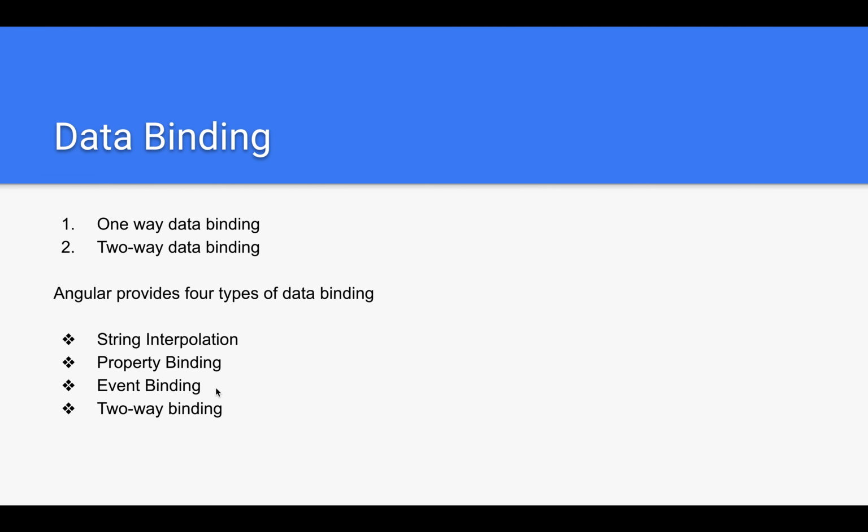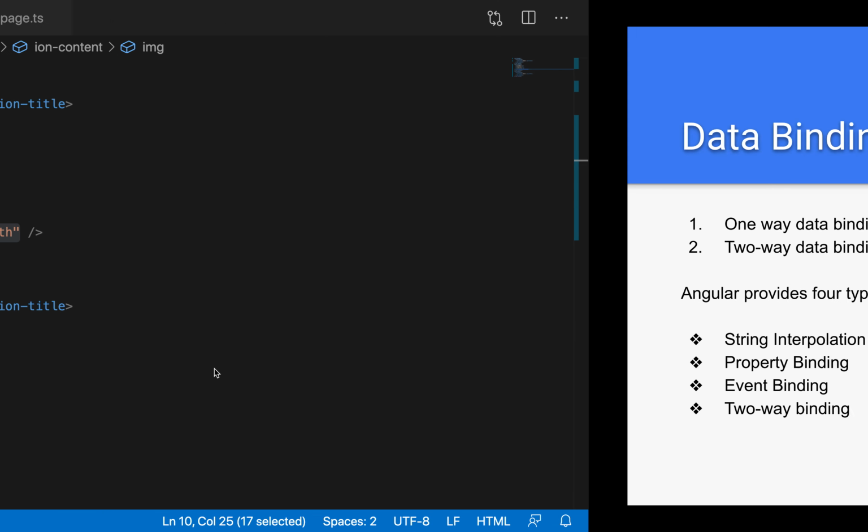And the third one is event binding. Event binding is basically used to handle the events raised from the DOM. Something like you have a button, and when you click on the button, we can call some method.